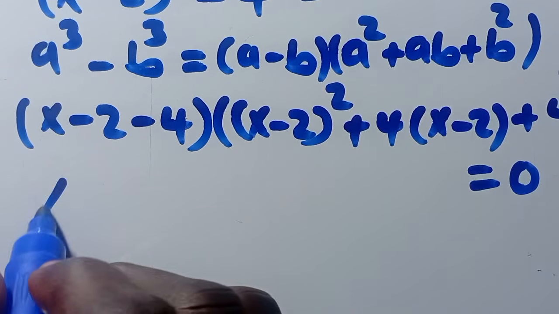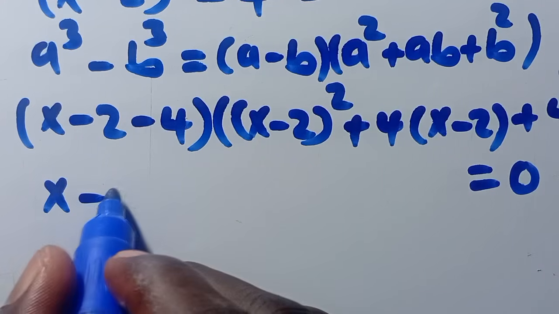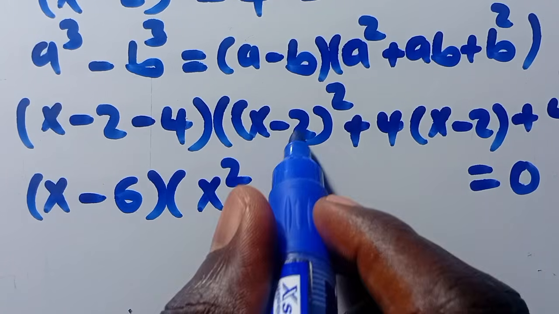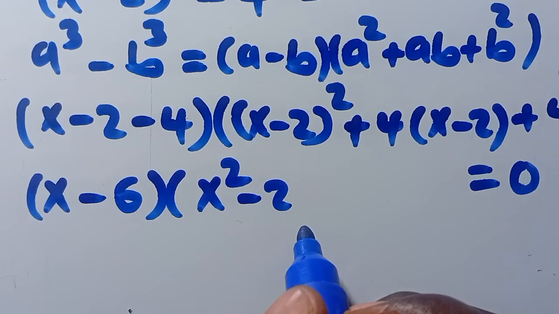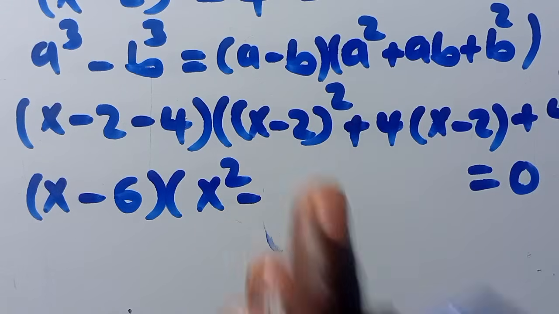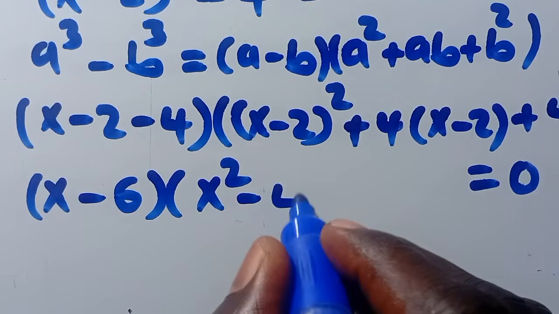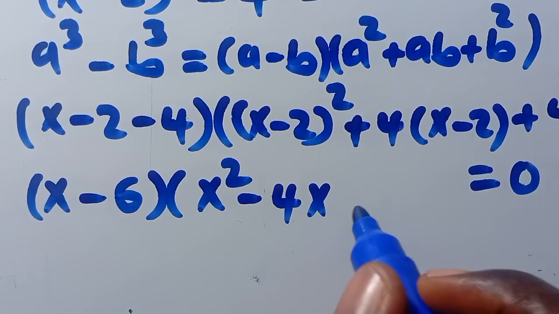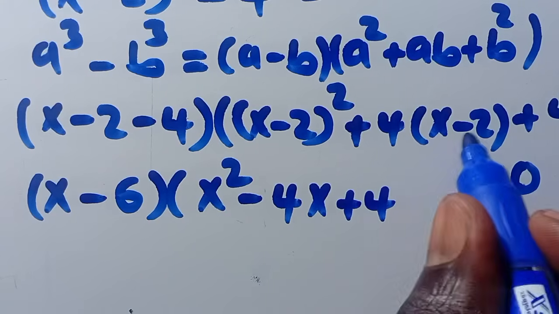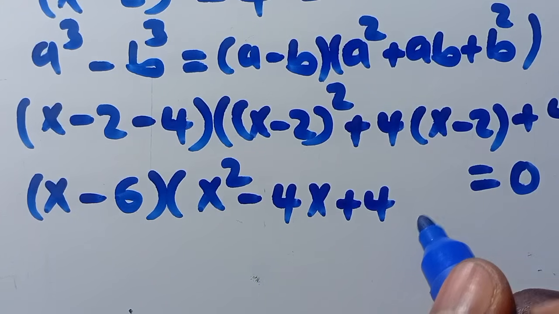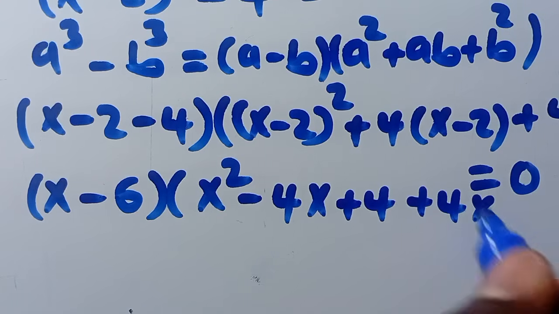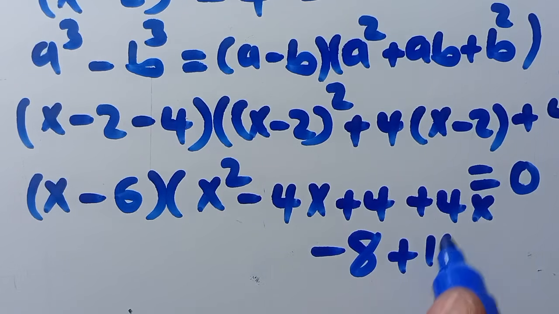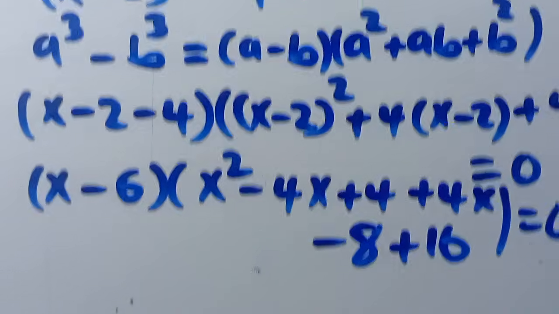So we have (x - 2 - 4), which is x - 6, times x^2 - 4x, then plus 4, the expansion of this will be plus 4x - 8, plus 16 equals 0.